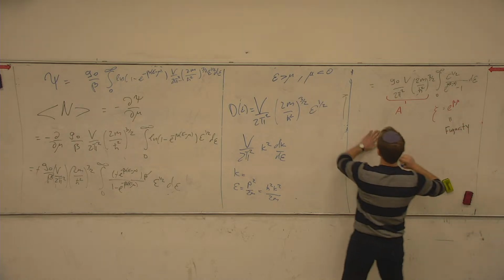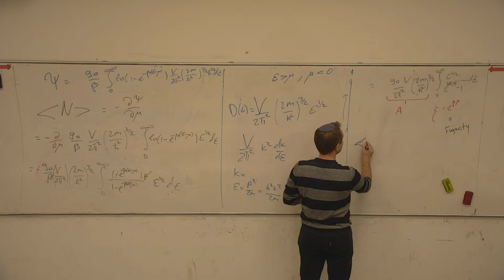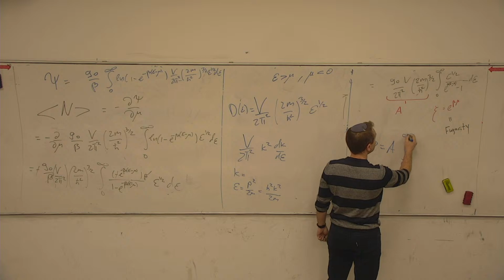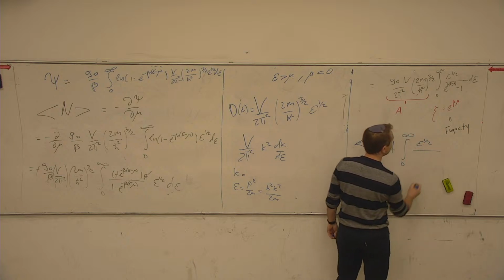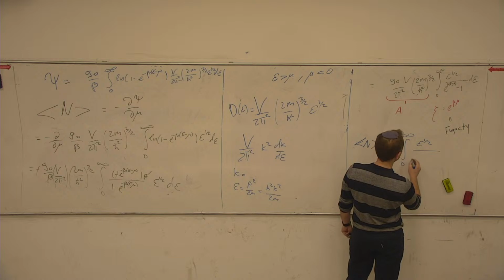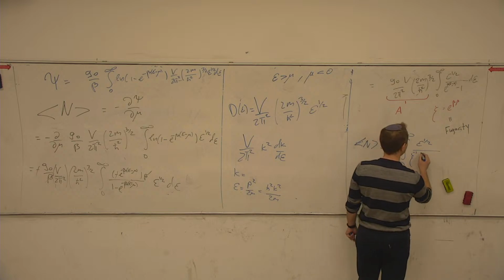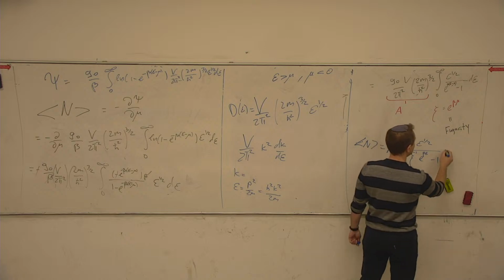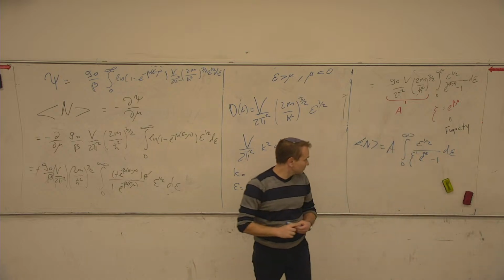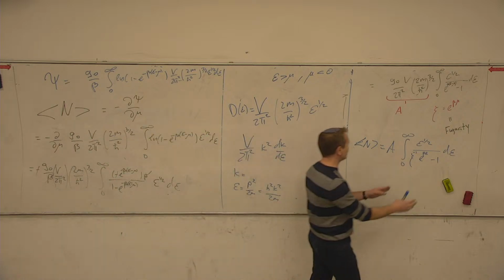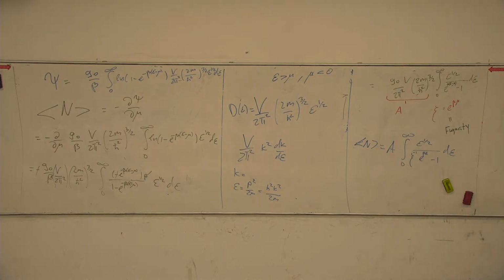And by using this, I have that the average number of particles is A, an integral from 0 to infinity, epsilon to the 1/2 divided by the fugacity to the power minus 1, e to the power beta epsilon, minus 1, d epsilon. Okay. So our final task is somehow to compute this integral. Extremely fun, right? You all like this.